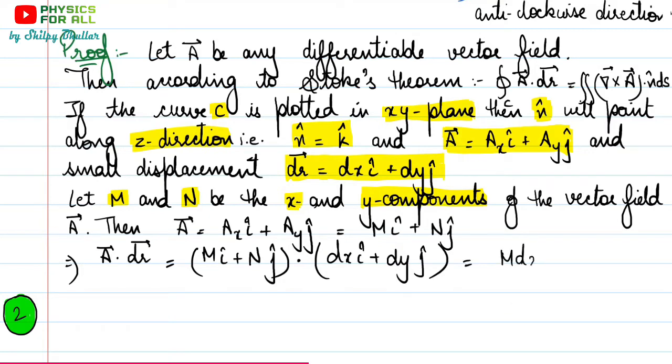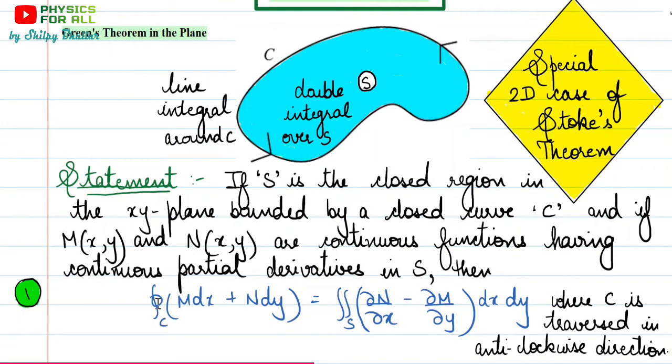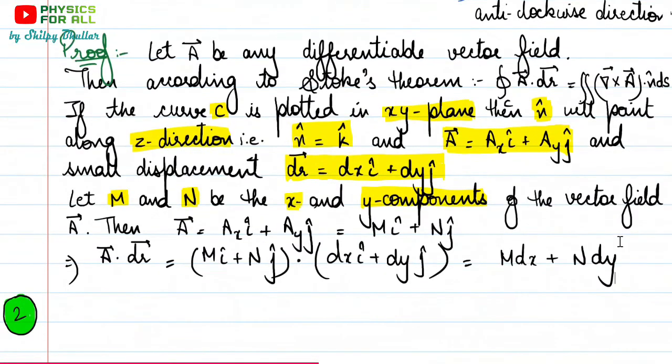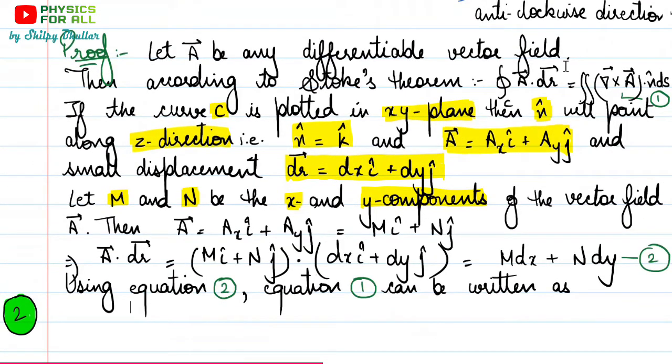So we are left with M dx plus N dy. And this is the expression you can see which we are obtaining here in the statement. You can see this left hand side of the equation includes M dx plus N dy, and here we have this expression. Let's mark this as equation 1 and this expression as equation 2.